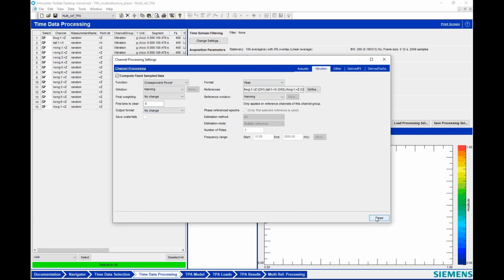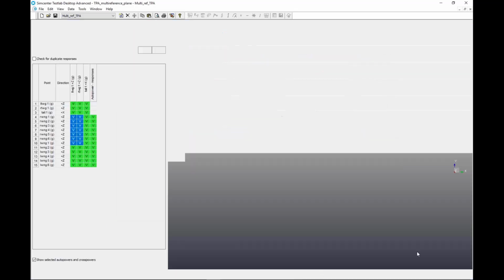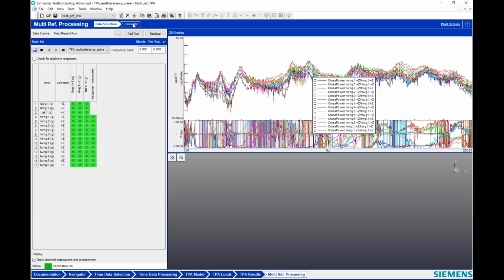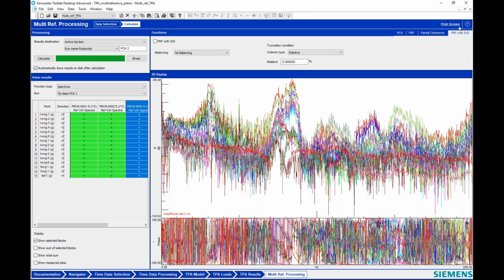And then once you have those multi-reference cross powers, take it to multi-reference processes, calculate, and maybe you want to calculate FRFs with singular value decomposition. That is probably more accurate. Not 100% correct either, but much more accurate than calculating FRFs under time data processing, which assumes they're perfectly uncorrelated references.